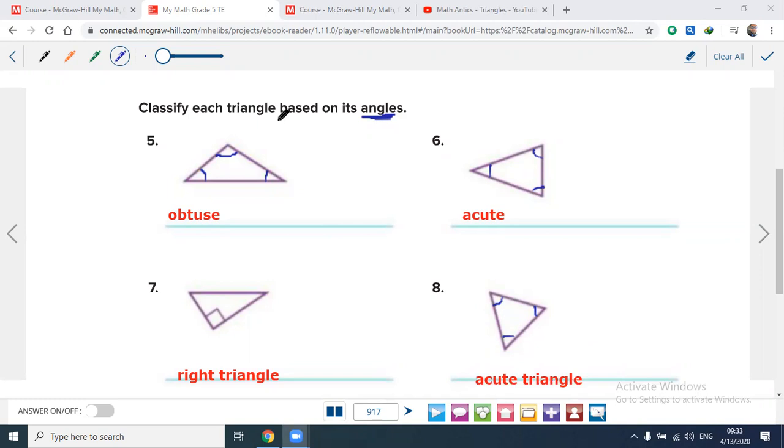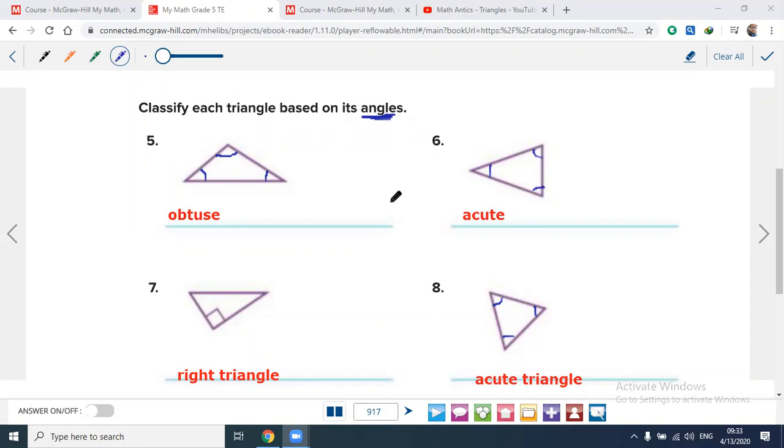Who can tell me? By sides, there are the isosceles triangle, the equilateral triangle, and the scalene triangle. Okay.